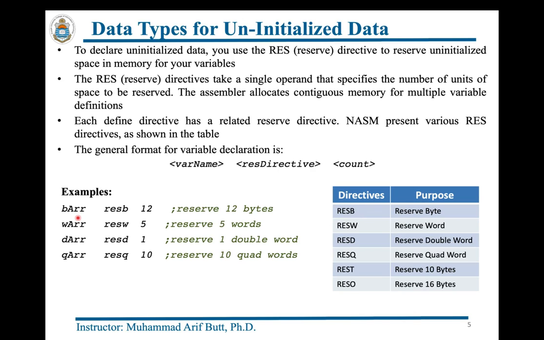This barr is the name given to the memory address where the assembler has reserved 12 bytes of memory. Similarly, this warr is the name given to the memory address where the assembler has reserved 5 words or 10 bytes of memory. And remember, the memory space allocated is always contiguous in such scenarios.